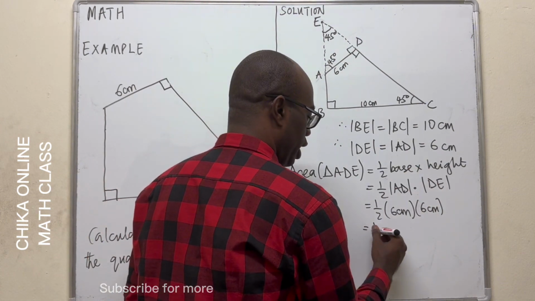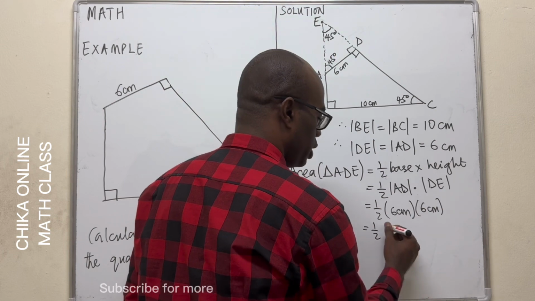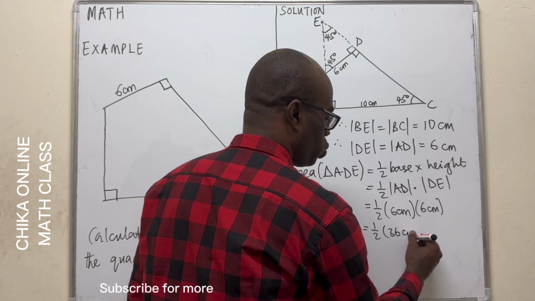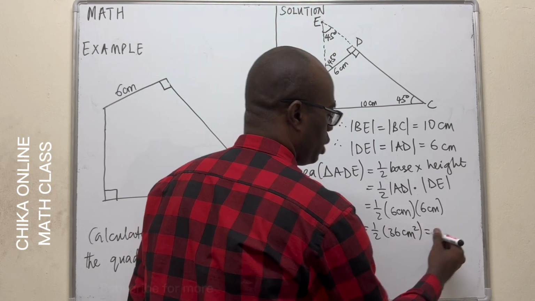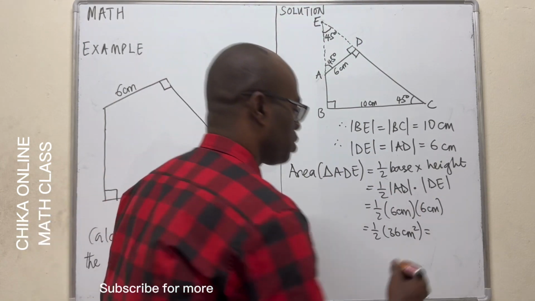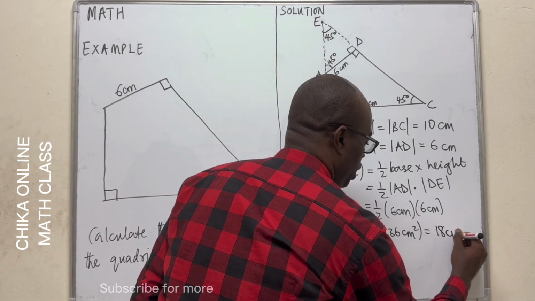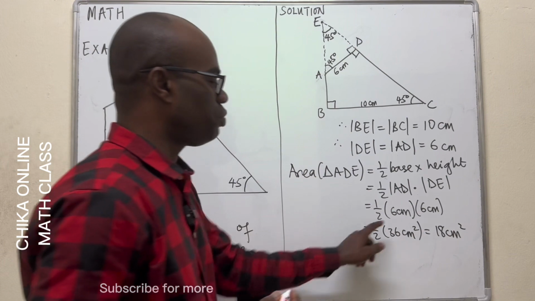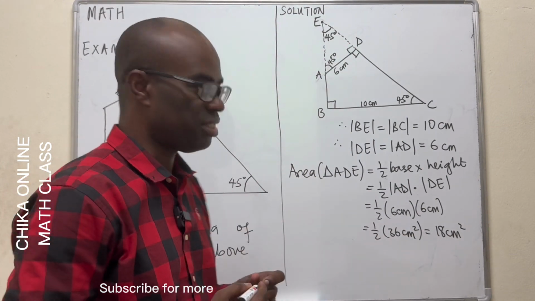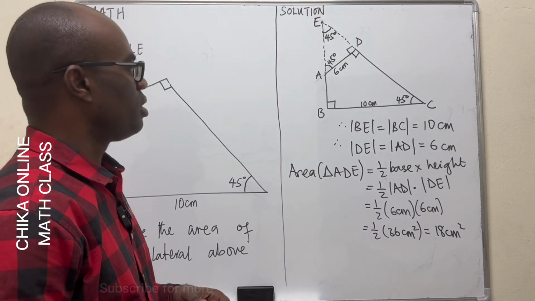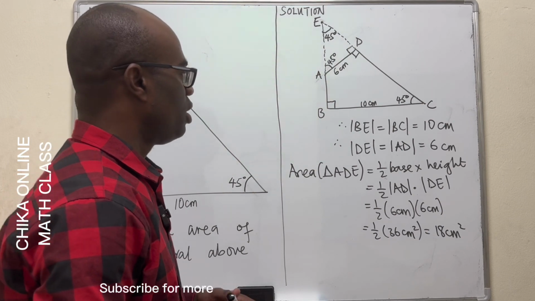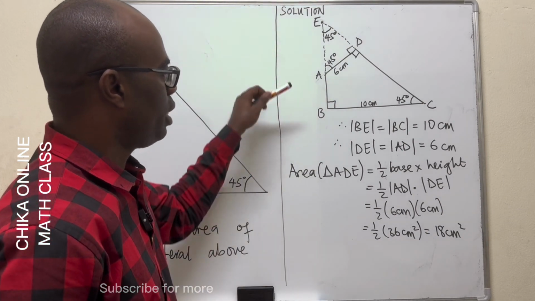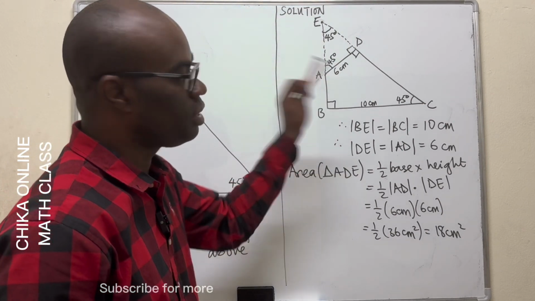This is half into 6 cm times 6 cm is what? 36 cm squared. And half of 36 cm squared is what? 18 cm squared. Because if 2 divides 36, we'll get 18. Okay. Now, let's get the area of triangle BCE.